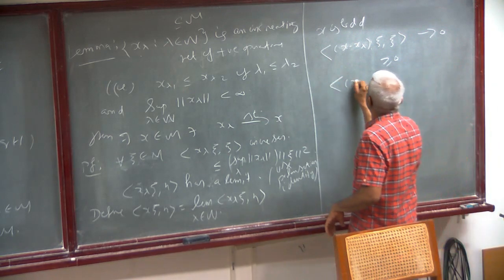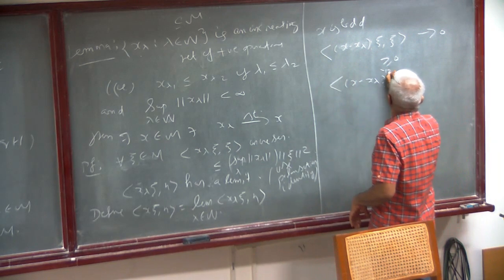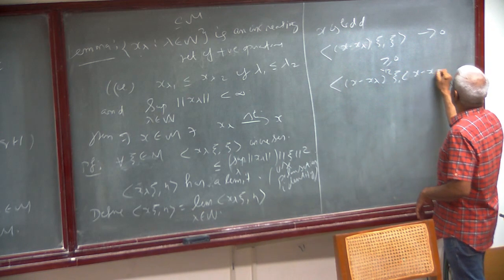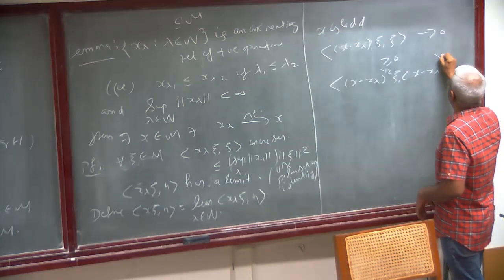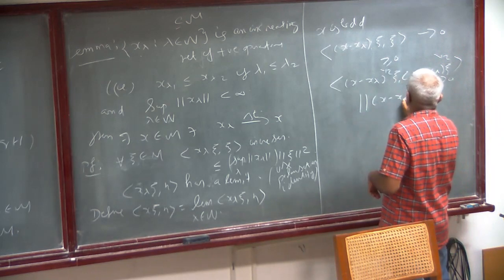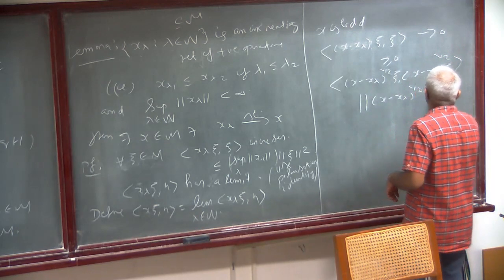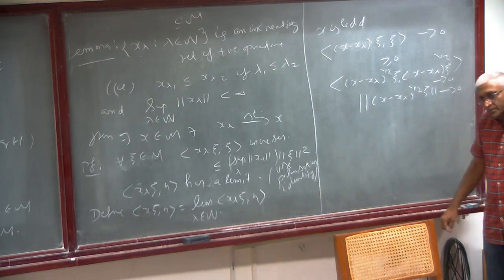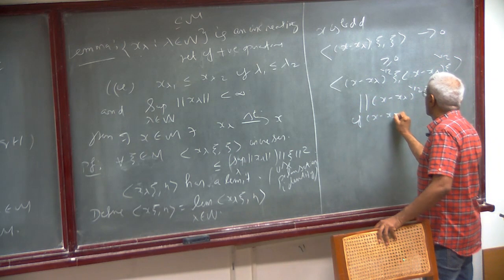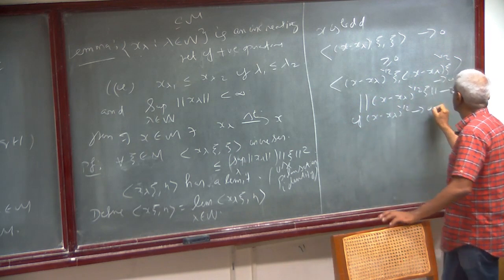So this implies the inner product of x minus x lambda to the power half xi with itself goes to 0. That means x minus x lambda to the power half xi goes to 0, that is, x minus x lambda to the power half goes to 0 strongly.